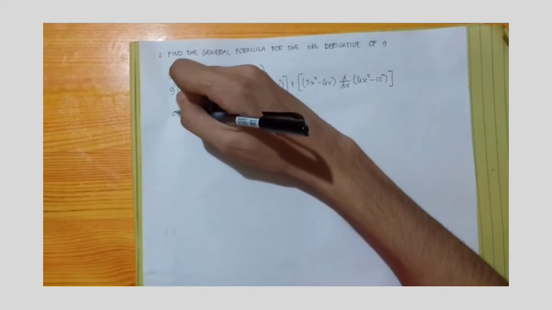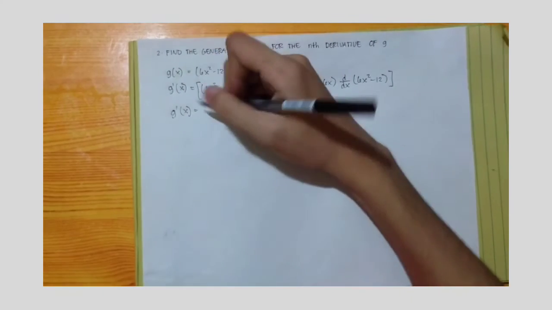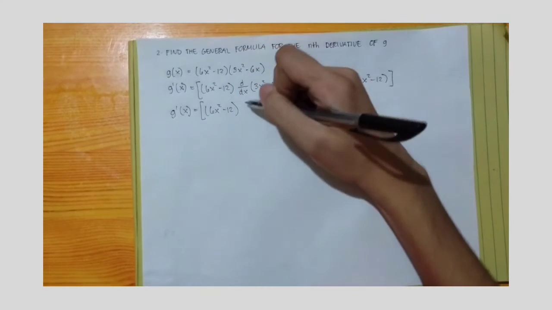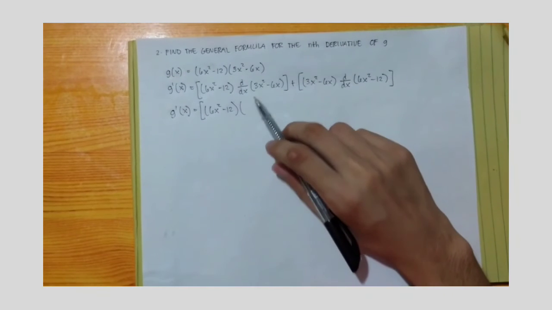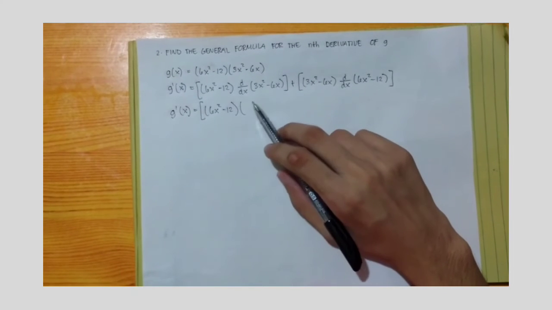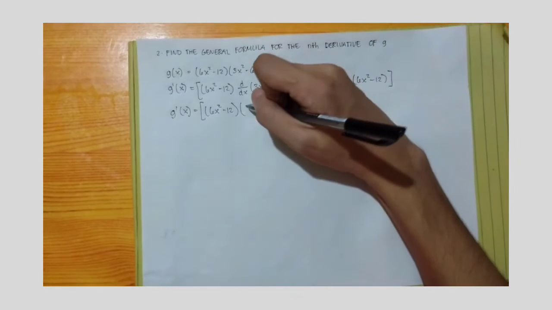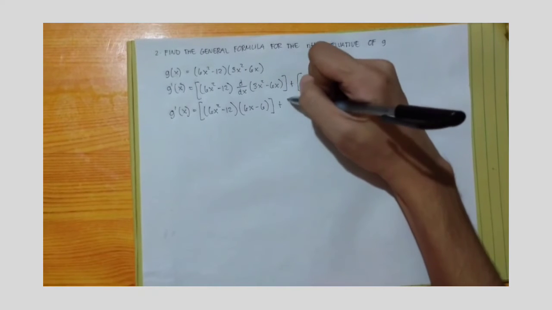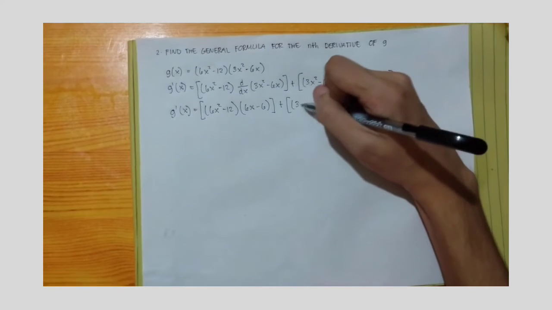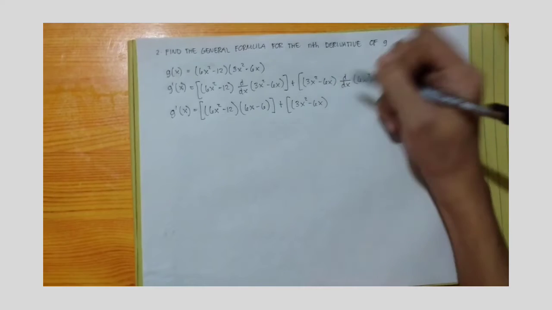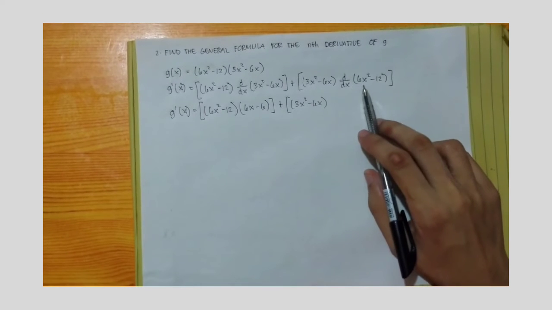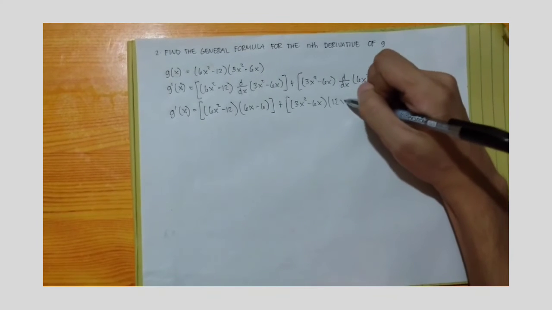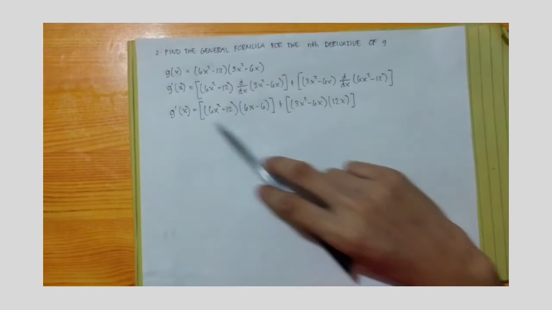So we will have g prime of x is equal to the quantity of 6x squared minus 12, since the derivative of 3x squared minus 6x is just 6x minus 6, plus the quantity of 3x squared minus 6x. And since the derivative of 6x squared is just 12x, we will have 12x. Let's simplify this function.